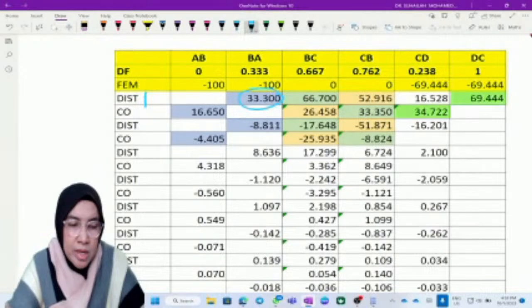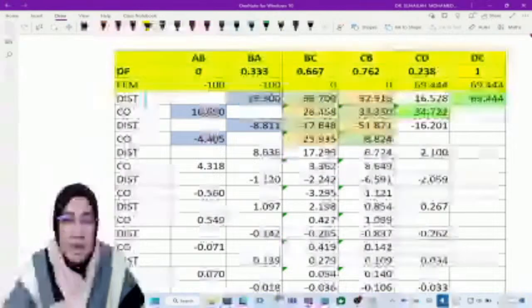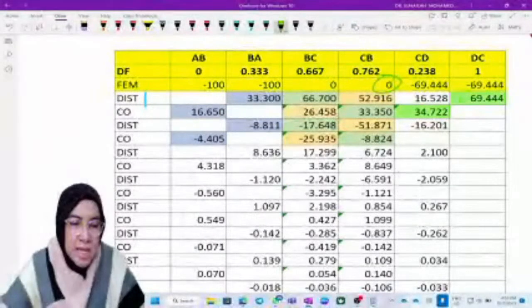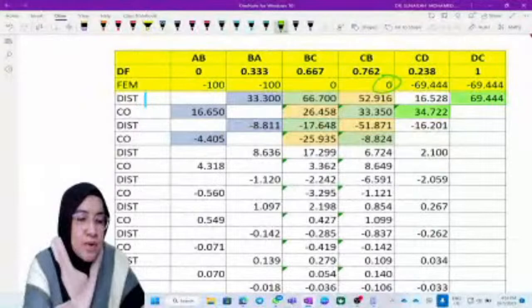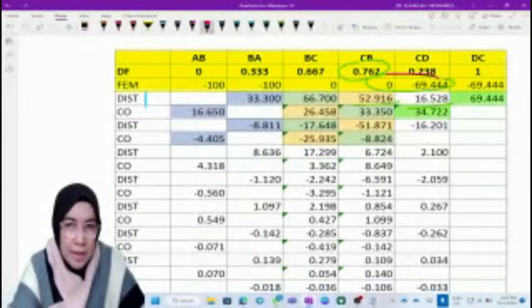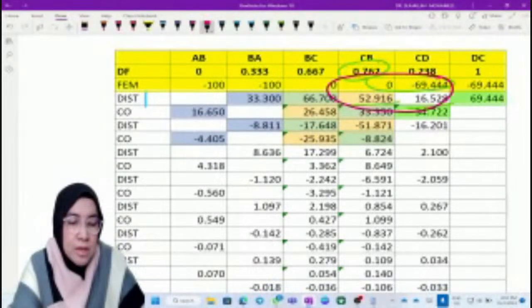Total for joint C we have 0. The total must be 0.